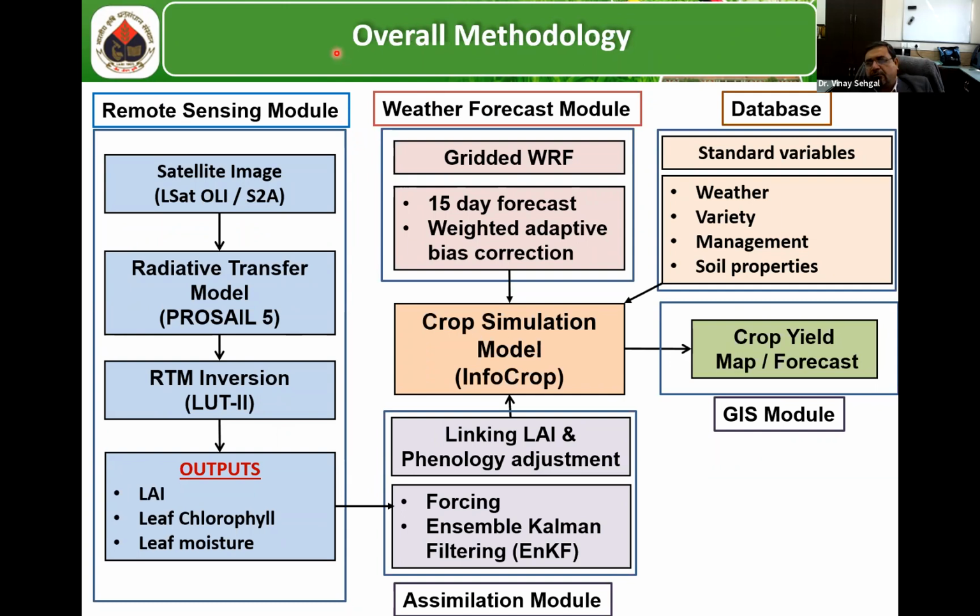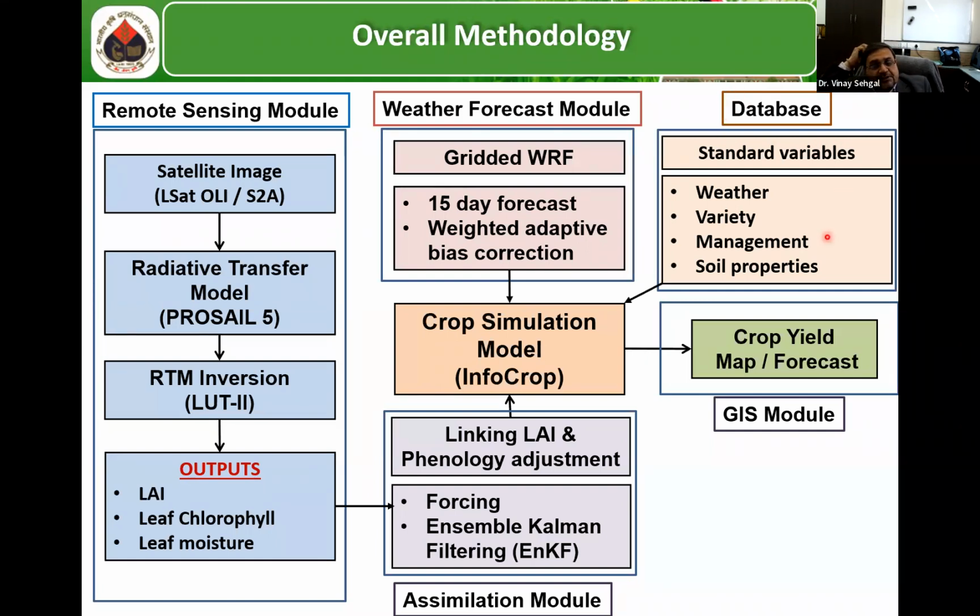Now, this is the overall methodology we developed, where we used remote sensing. It has two modules, a remote sensing module and a crop simulation module, plus a weather forecast module, and then there is a standard database.